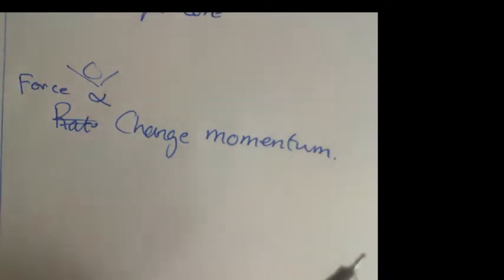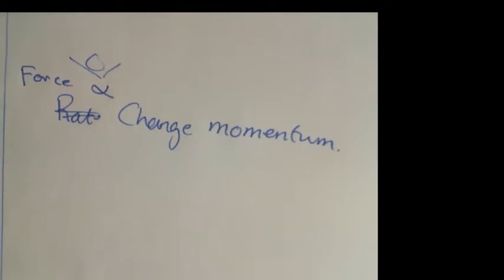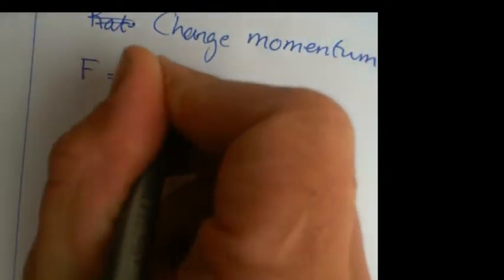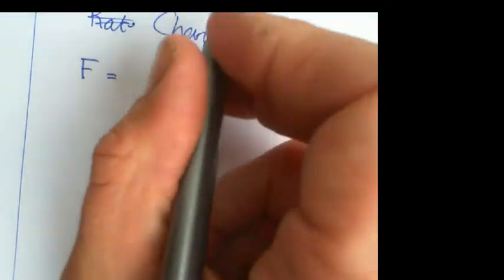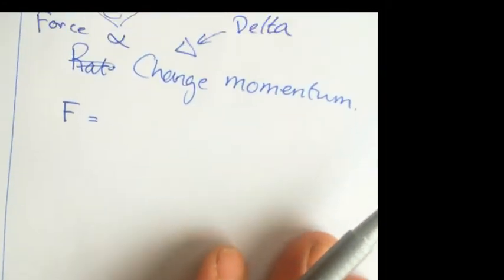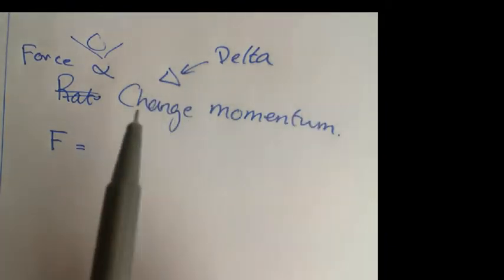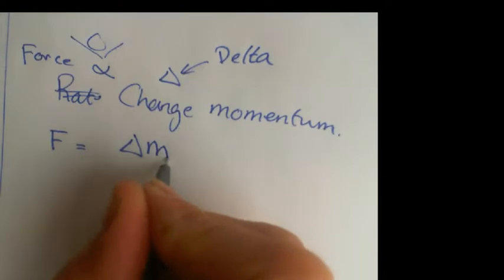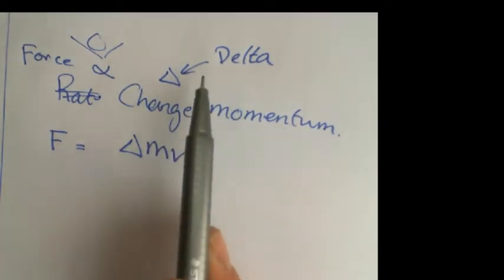Okay. Now, what determines how proportional it is? What can I use? So if I remember what we said, we can use F equals, and I'm going to use a symbol for change. So the symbol for change is a triangle, and that's delta. I can't remember if I've used that before, but change means delta. So I'm going to say that F equals delta mv, which is the change in momentum.